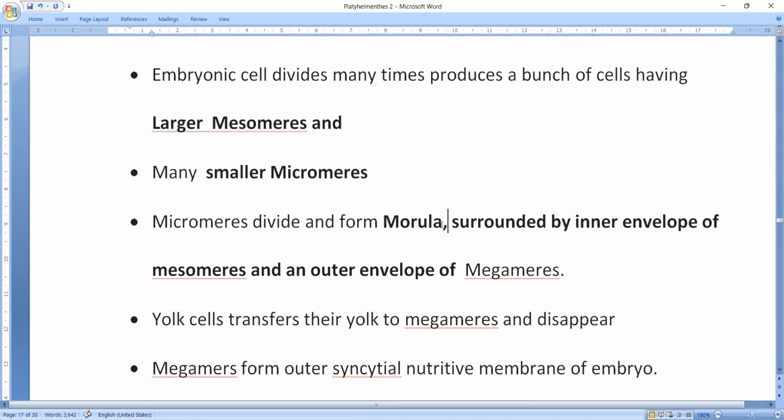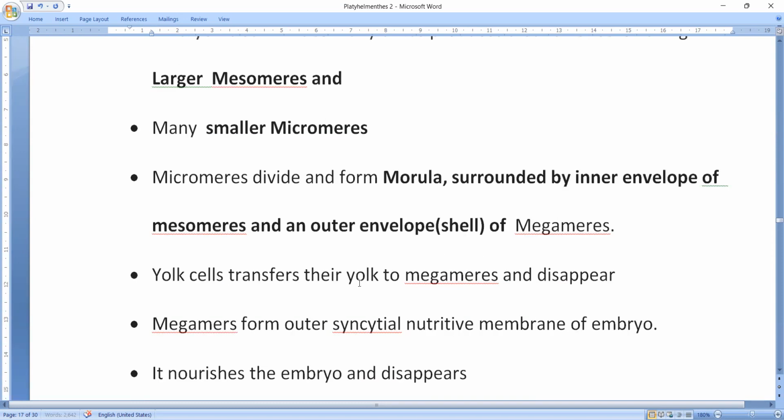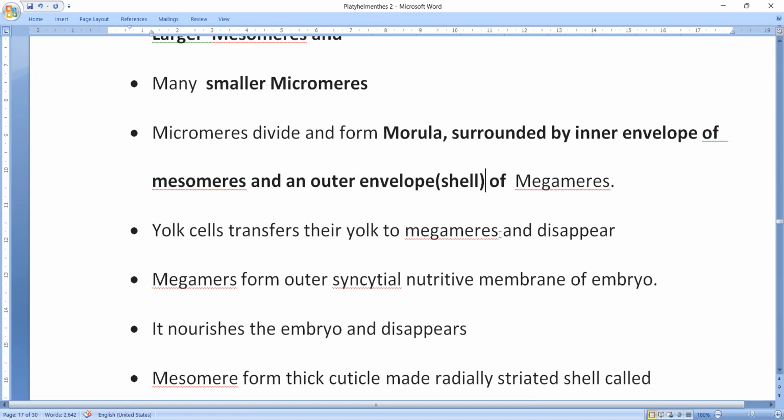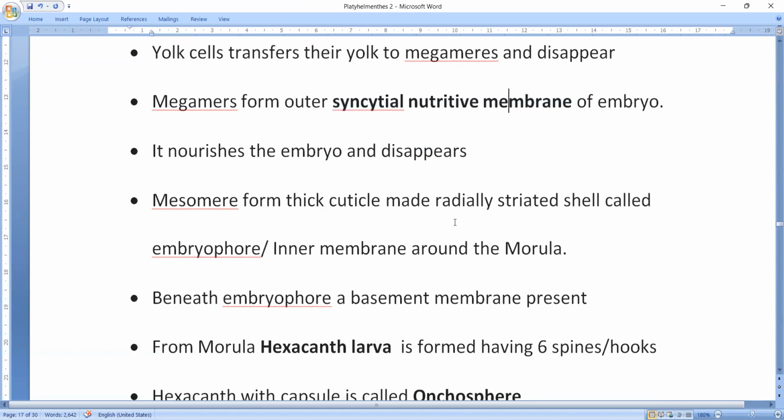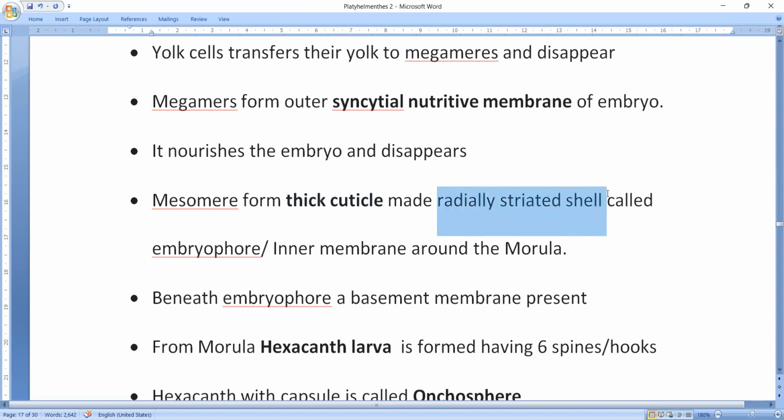Which is surrounded by an inner envelope of mesomeres and an outer envelope of megameres. Yolk cells transfer their yolk to megameres and disappear. Megameres form the outer syncytial nutritive membrane of the embryo that is converted to shell later. It nourishes the embryo and disappears. Megameres form a thick cuticle made radially striated shell.